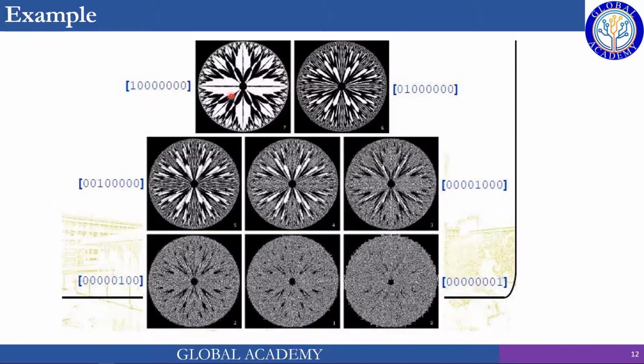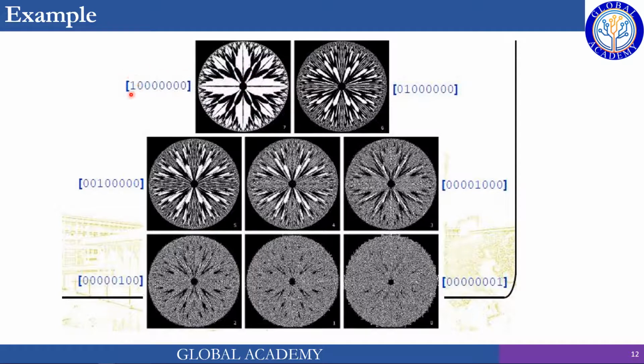Top left, this is generated using the most significant bit of each pixel value. It is like binarization of an image using 127 as the threshold value. So all the pixel values less than or equal to 127 are mapped to 0, and similarly all the values greater than or equal to 128 are mapped to 1.